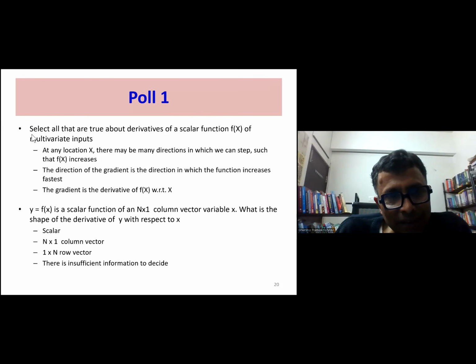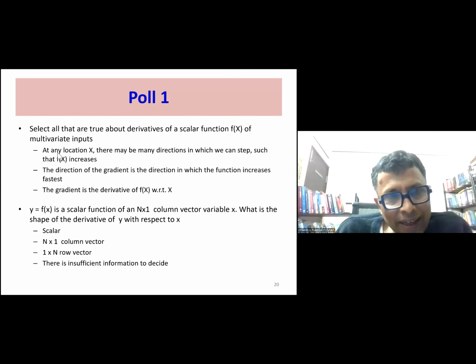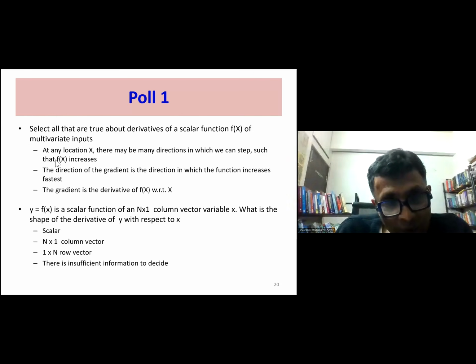Let's answer this question. At any location x, there may be many directions in which we can step such that f of x increases. Is this true or false? True, right? The direction of the gradient is the direction in which the function increases fastest. The gradient is the derivative of f of x with respect to x: true or false?